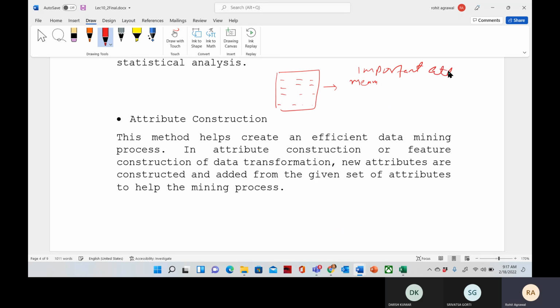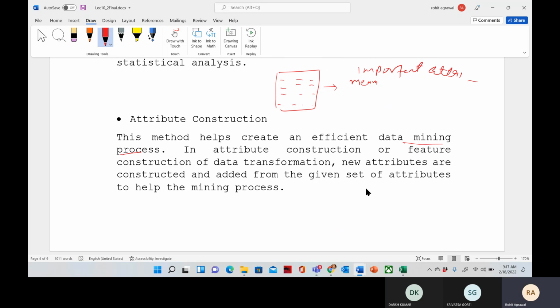Instead of feeding the whole data, we can feed these attributes. This method helps create an efficient data mining process, because if your data is too large, instead of feeding all that data, we can transform it, take some attributes, and then process it.